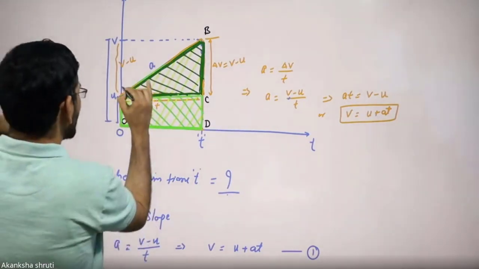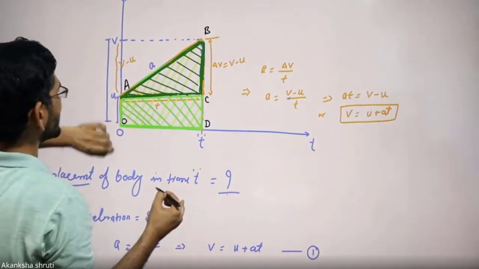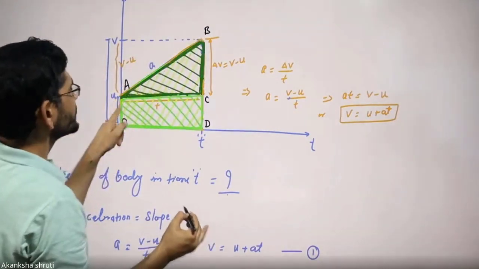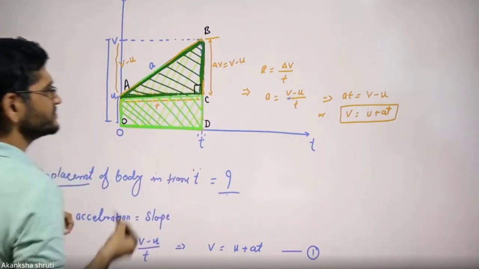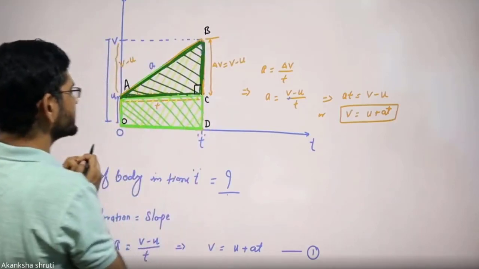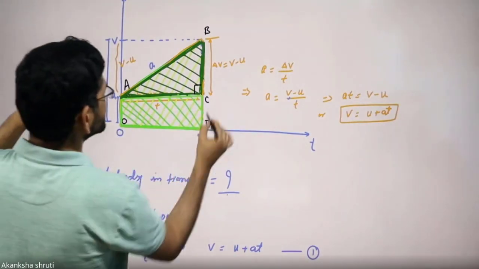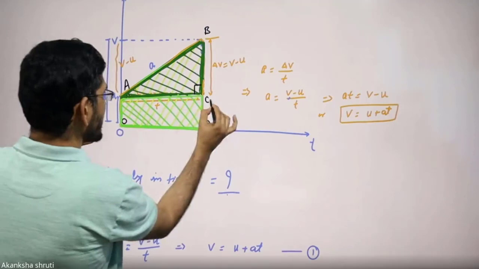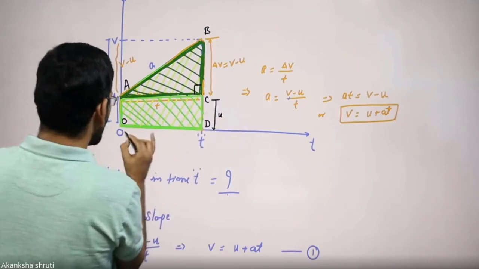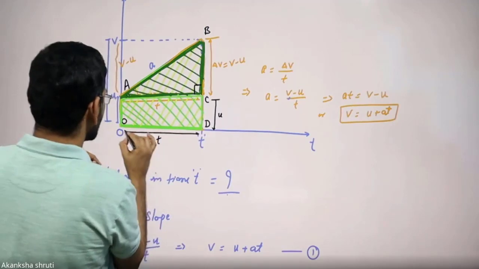So we can write the area of trapezium OABD is equal to the area of triangle ABC, or area of triangle ACB, which is a right angle triangle whose sides are V minus U as one side and T as the other side. Another one is the area of this rectangle whose side is this much. CD is the same as U, same as OA. So this is U, and this side is the same as AC, which is our T.